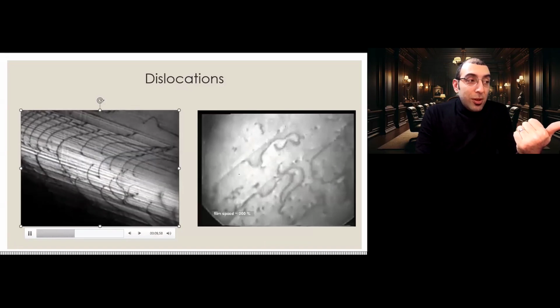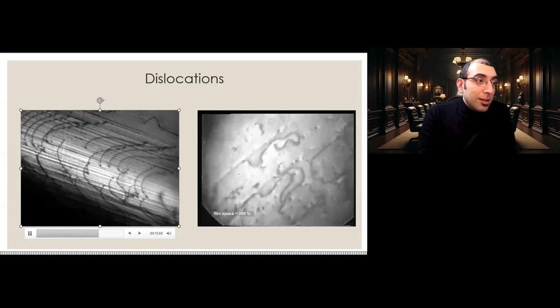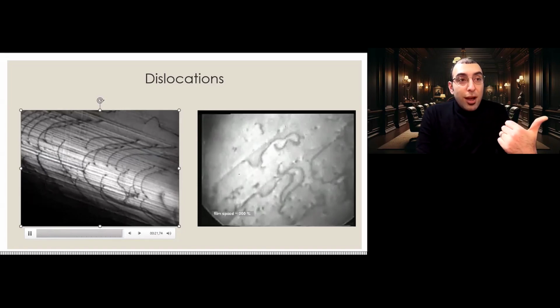And this material is under load. Look how the dislocation lines are moving. These are extra half planes. And because these extra half planes are moving, we know that the material is in the plastic region, not the elastic region. In the elastic region, they won't move.